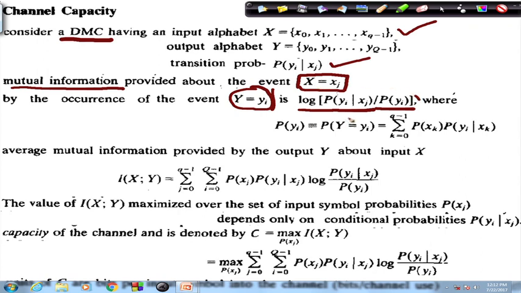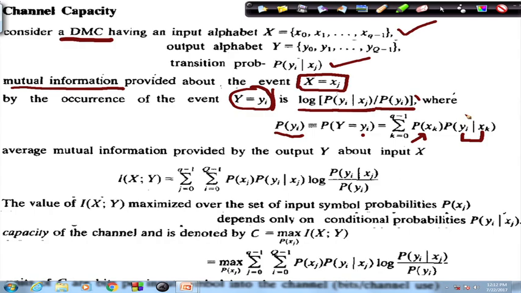So, this is the expression that is used, and P of y_i, given by the event that the random variable y takes the value y_i, is P of y_i conditioned on x_k averaged over all possible x_k.